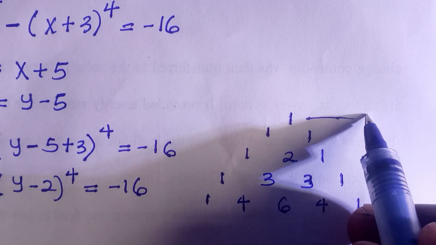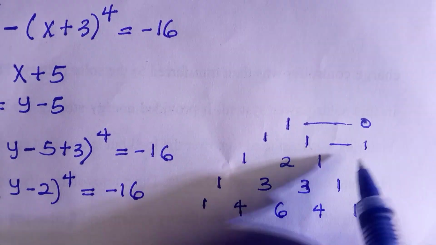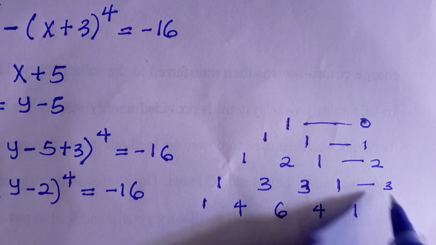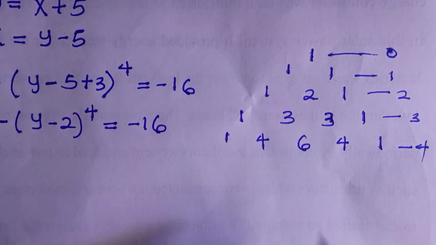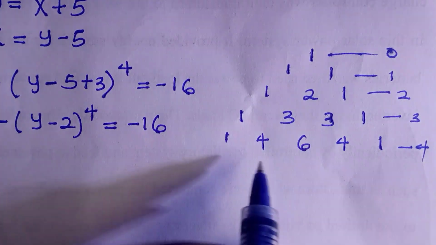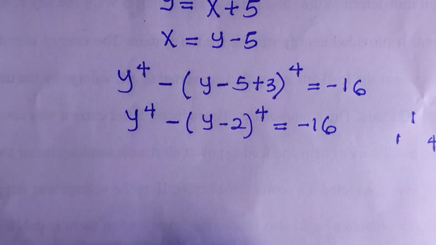For this one, when the power is 0, we apply the first one. The second one is when the power is 1, then 2, 3, and 4. Then we are going to apply the last one since it suits the given equation here.